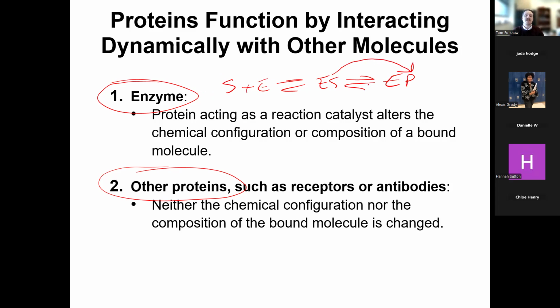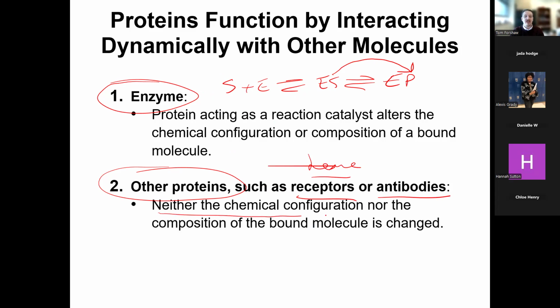So with enzymes, the thing that binds changes. The enzyme changes it. Whereas other proteins, like receptors, like antibodies, like carriers, such as heme, they bind, but they do not change.